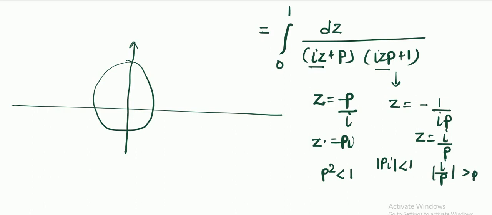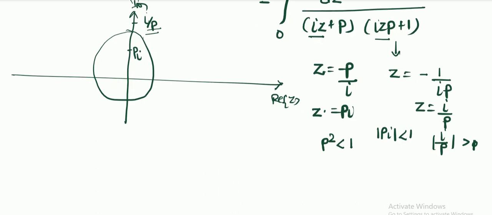So you can say that pi will lie in the unit circle, but the magnitude of I by p will lie outside the circle. I don't know where, but it is on the imaginary axis, as this is the imaginary part of that function, that is z, and this is the real part of that z. So you will know that this pole will not contribute in the calculation of residue.